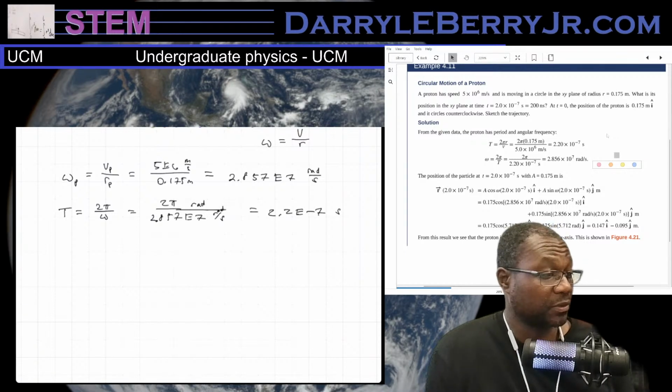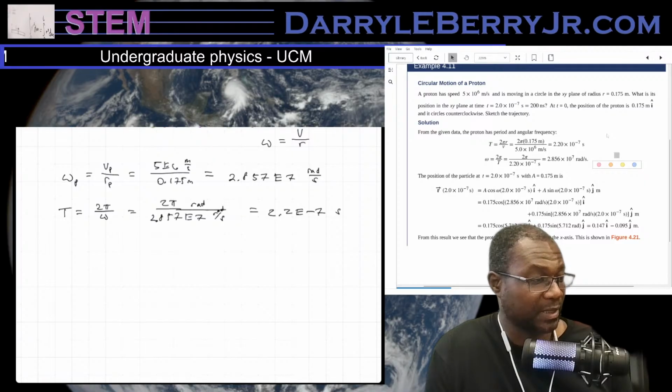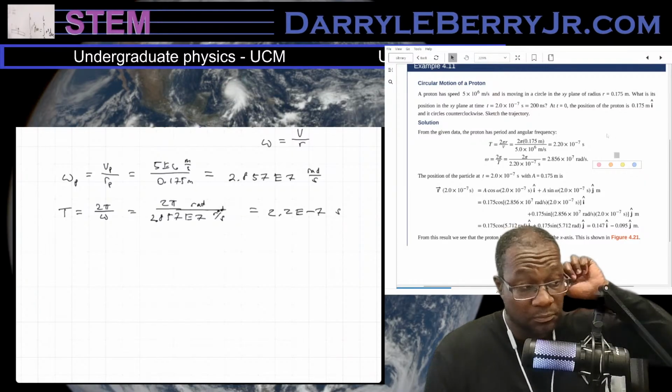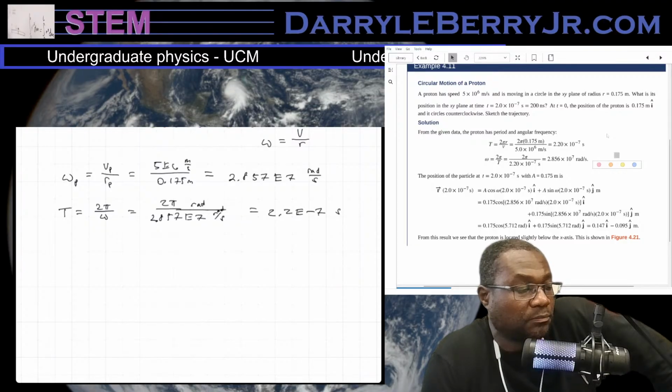The position of the particle: we want the position in the XY plane at that time. Let's see what they're doing here.